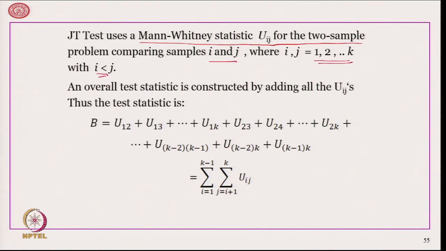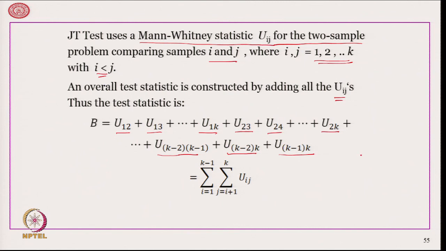The overall test statistic therefore is constructed by adding the Uij's in the following way. This is equal to U12 plus U13 up to U1k plus U23 plus U24 plus up to U2k plus so on, up to U(k-2),(k-1) plus U(k-2),k plus U(k-1),k.